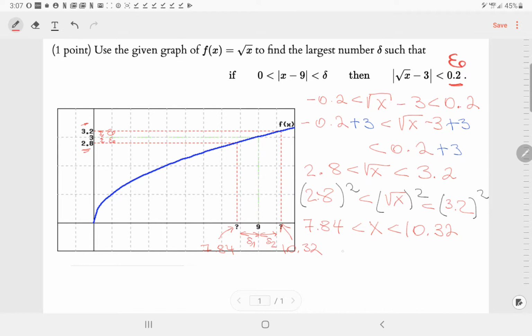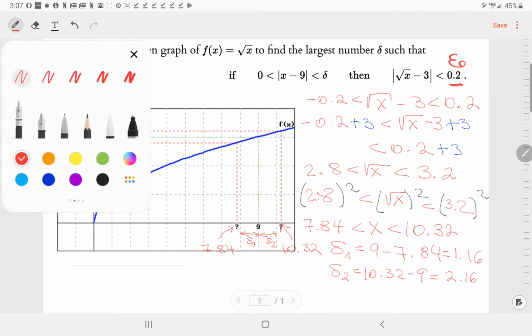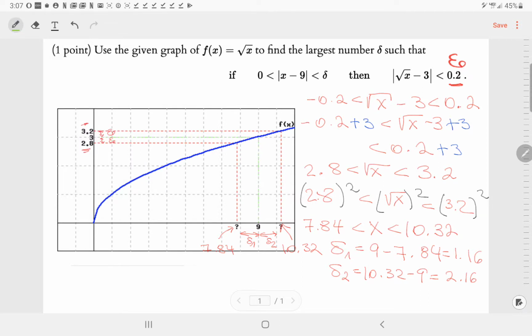Delta 1 is 9 minus 7.84, which is 1.16. To calculate the distance delta 2, we get the bigger value, 10.24, and subtract 9, and the result will be 1.24. So which one of those two deltas will work in our case?